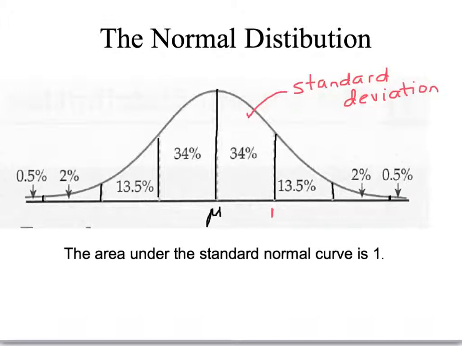This area in here is one standard deviation. And you'll come to see what that means. It's just a way of dividing up this curve. The second part here is 2 standard deviations and 3 standard deviations.